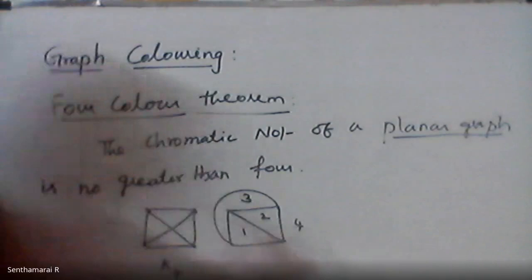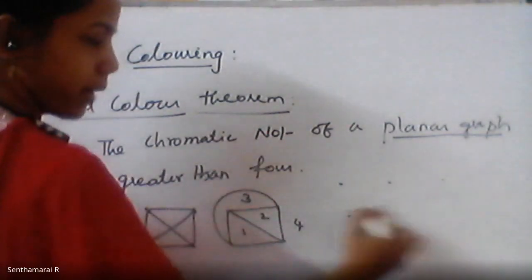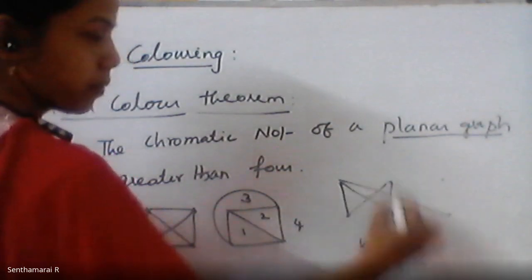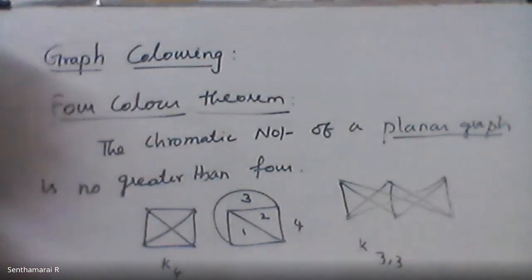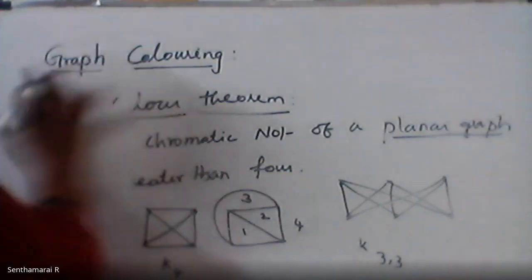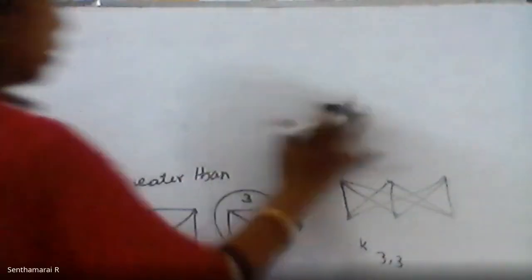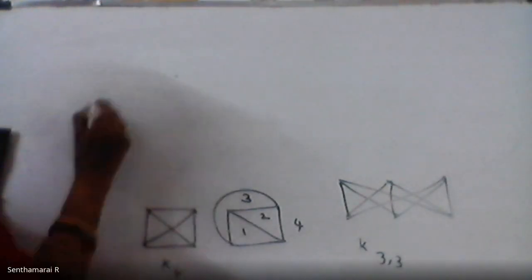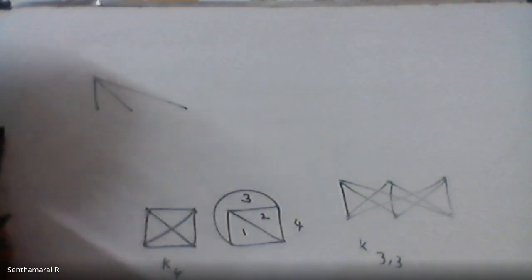When we consider K3,3, the complete bipartite graph, the same graph we cannot draw without any crossing of edges. If you try, how many edges without crossing can we draw at maximum? I show you. None of the edges crossing.